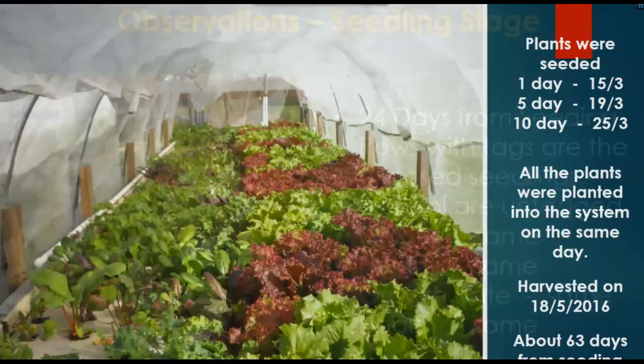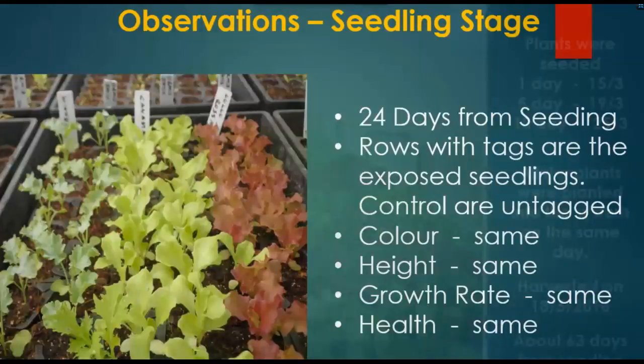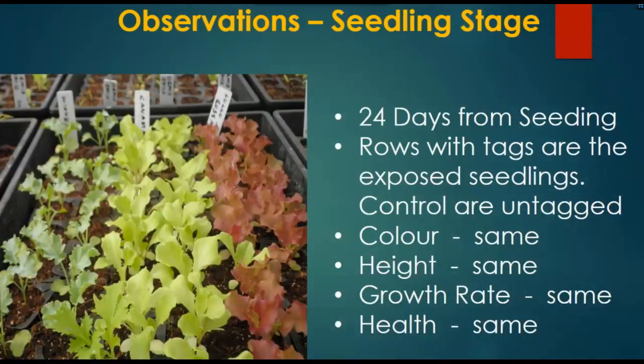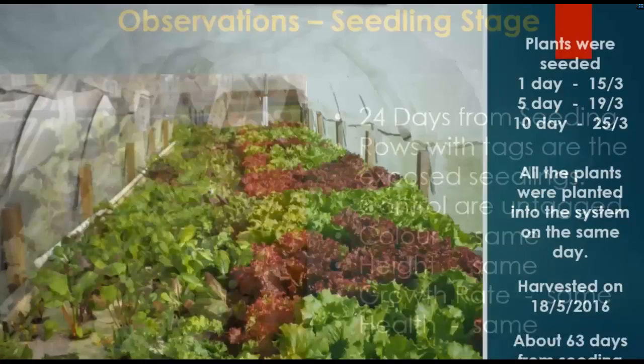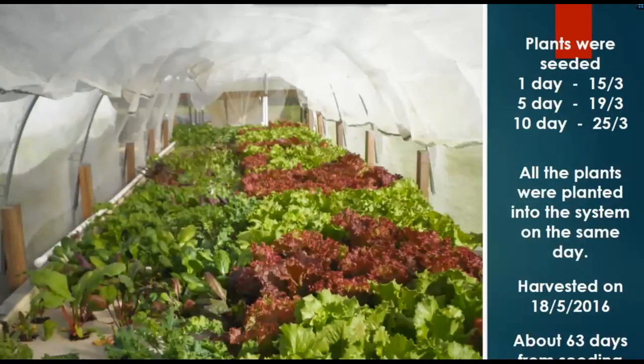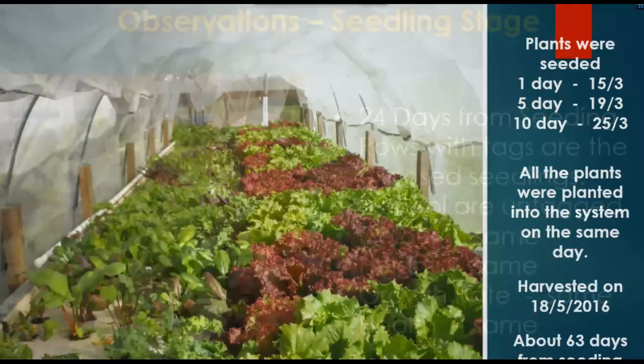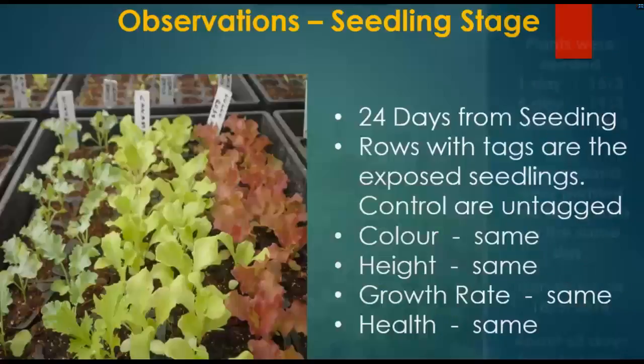So what we had noticed, and it's pretty obvious when you look at the pictures, and even when I go back to this picture as well, you can see there was no real noticeable difference on those seeds that had been treated and the seeds that hadn't been treated. One could not compare any differences. And again, here at the seedling stage, there was no real difference that we had picked up at all.